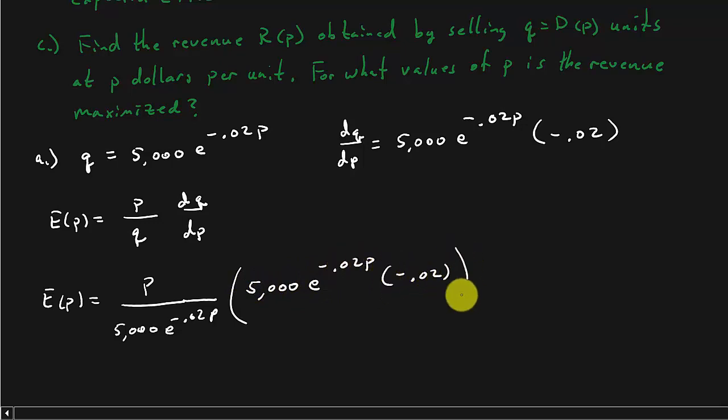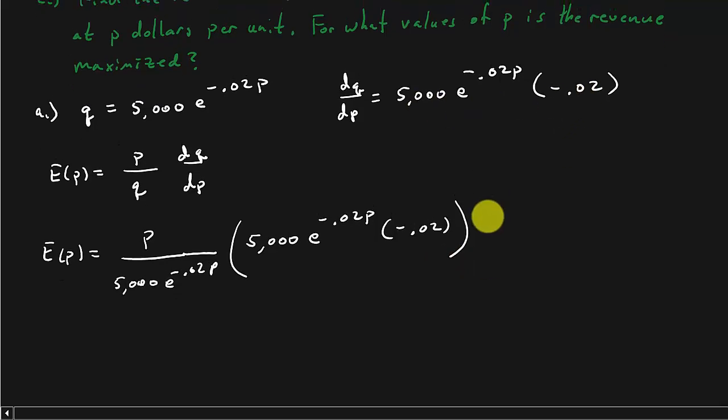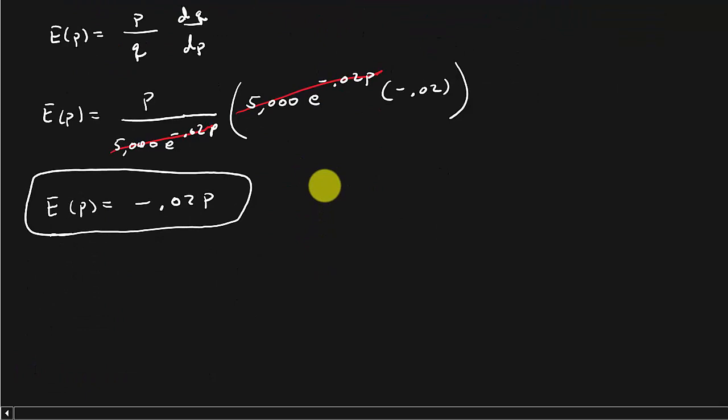Now you might be wondering, why didn't you multiply that times the 5,000? Do you see it now? This and this cancel. And so we are left with E of P is equal to negative 0.02 p. And there you go. There's your elasticity of demand.